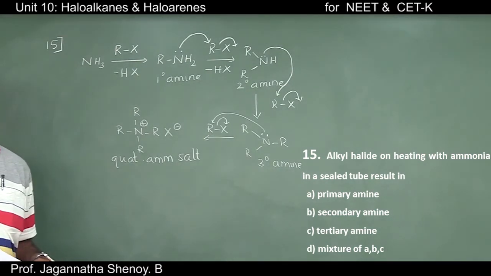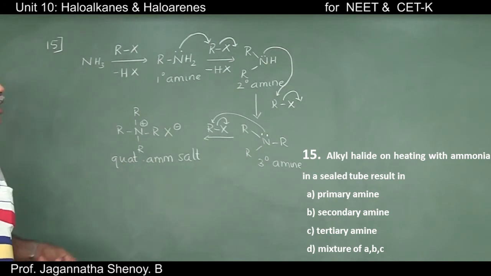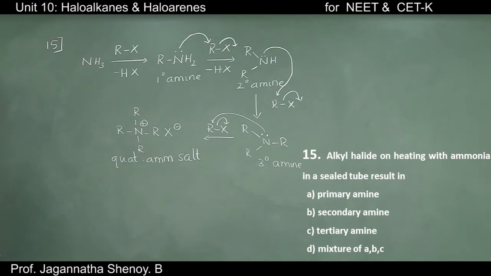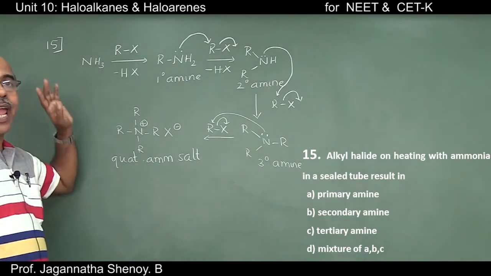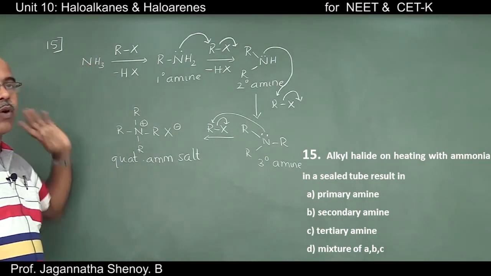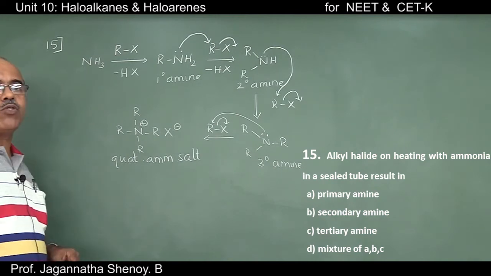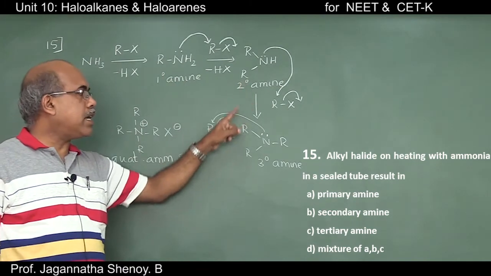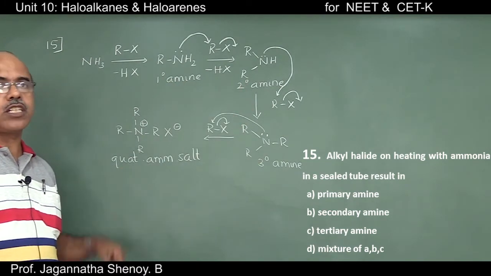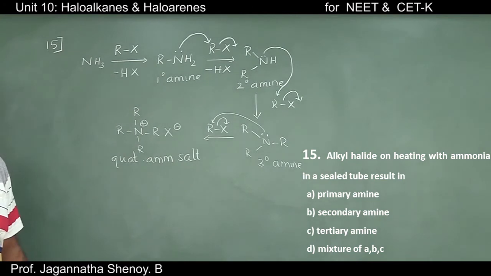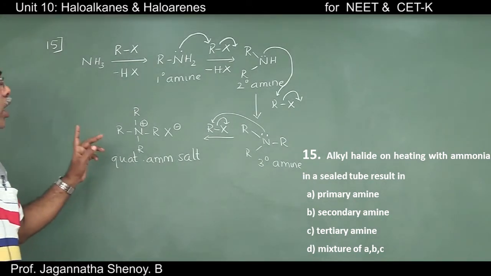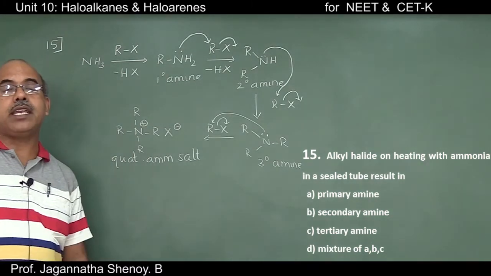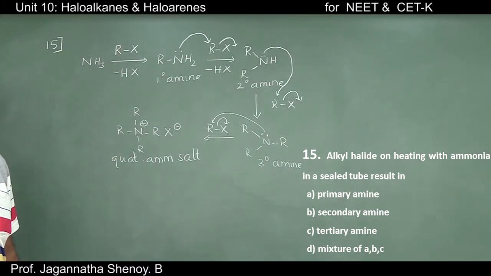The answer depends upon the relative quantities of ammonia and alkyl halide. If they do not mention anything about the relative quantities, then the product obtained will be a mixture of primary amine, secondary amine, tertiary amine and quaternary ammonium salt.